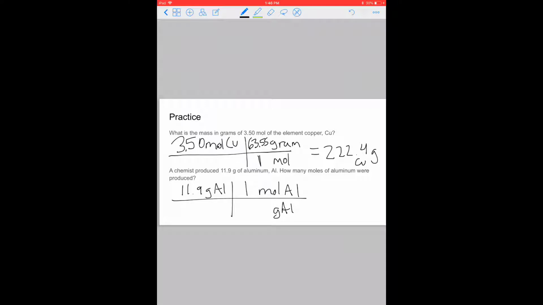And for every 1 mole of aluminum, I'm going to have 26.98 grams of aluminum. I plug that in my calculator, and I get that in approximately 11.9 grams of aluminum, you should have 0.44 moles of aluminum.